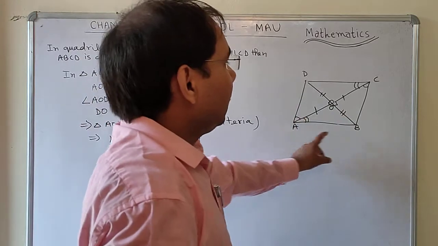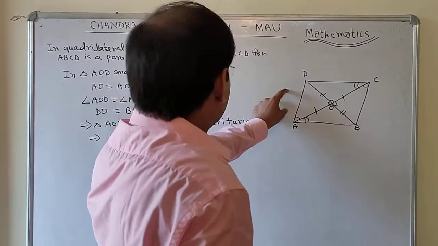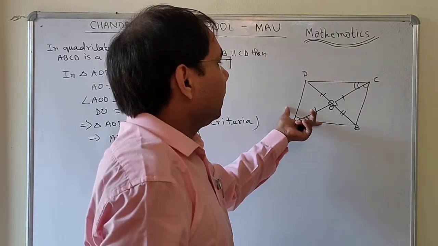So here friends, I have proved that ABCD is a parallelogram, and here again I have proved that AB and AD are equal. So if in a parallelogram adjacent sides are equal, then it is a rhombus.